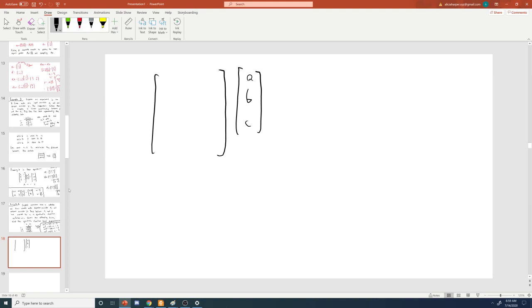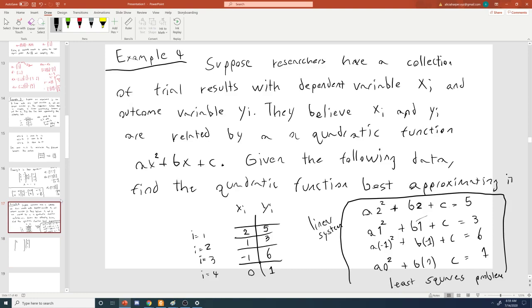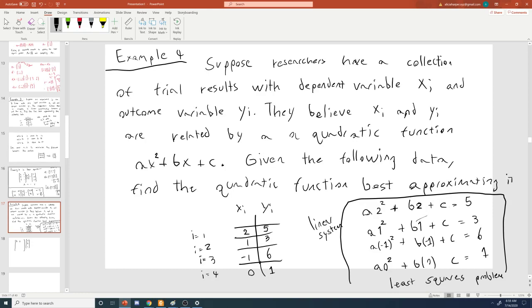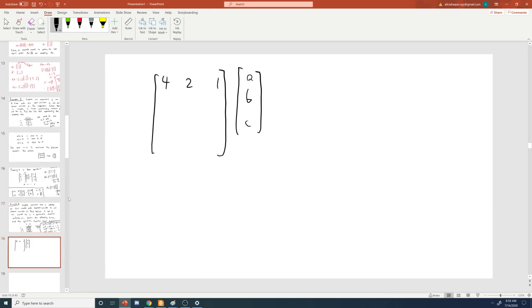So here I'm going to have 4 corresponding to the square term, a 2 corresponding to the linear term, and a 1 corresponding to the constant term. Likewise, I'll have 1, 1, 1 here, and then 1, negative 1, 1 here, and then 0, 0, 1. And I want this to be equal to 5, 3, 6, 1.